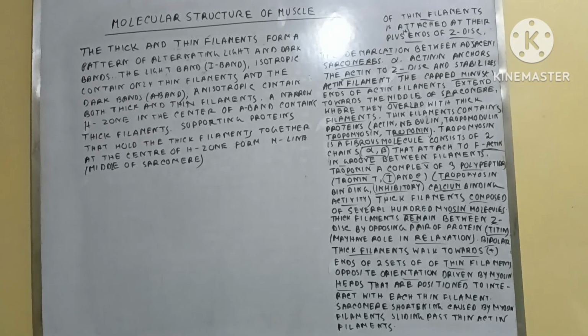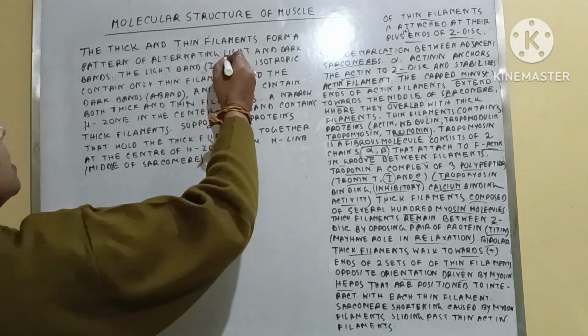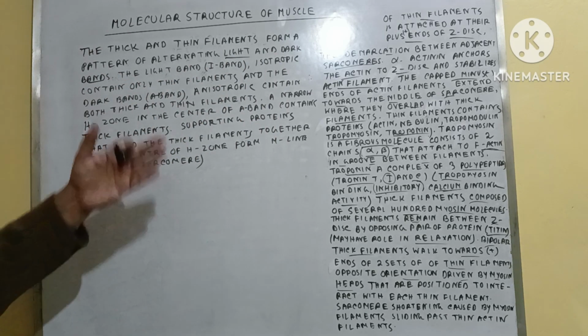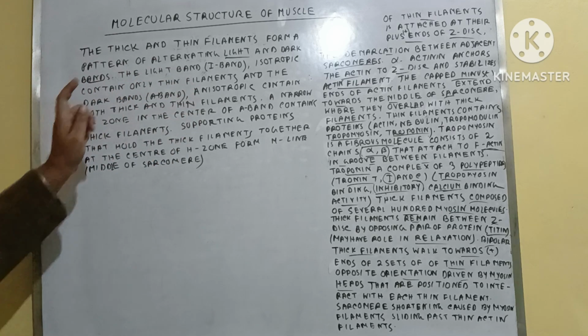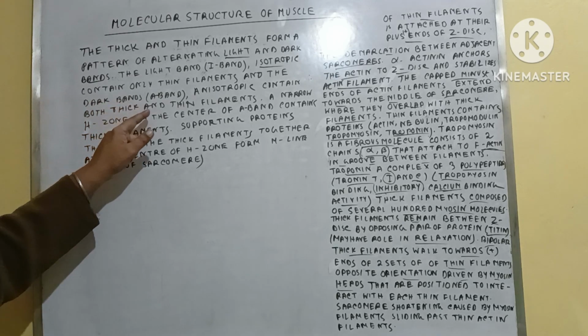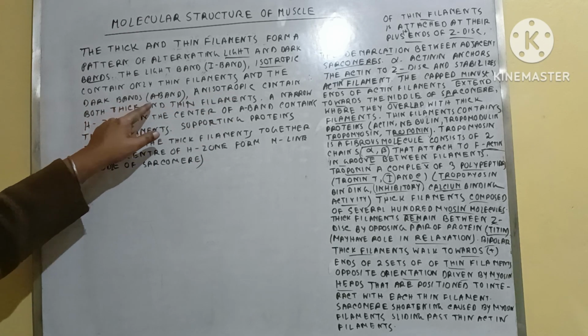Okay. So the thick and thin filaments form a pattern alternating with each other, light and dark bands. The light bands generally are called the isotropic or I band, and the dark bands are called the anisotropic or A band.